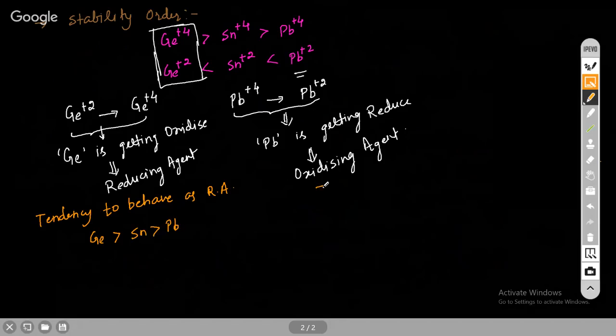Here I will write down tendency to behave as oxidizing agent is minimum for germanium, then tin, and then lead.